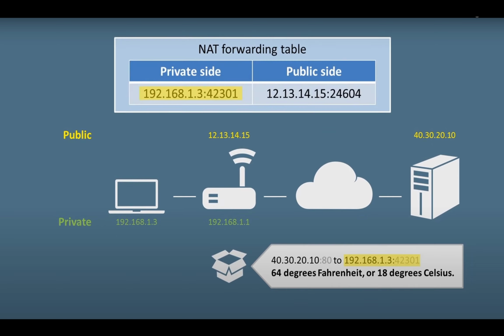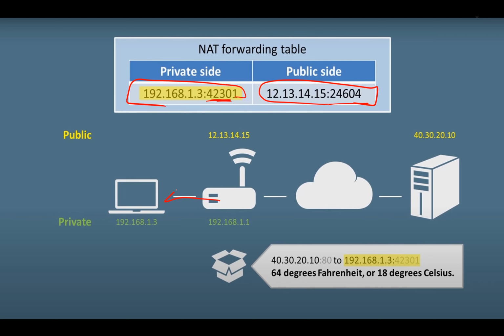Since we've also specified the port, we can look at the public side of the table. Since the packets we've received match these details, we know we need to send them to this IP address and this port number.